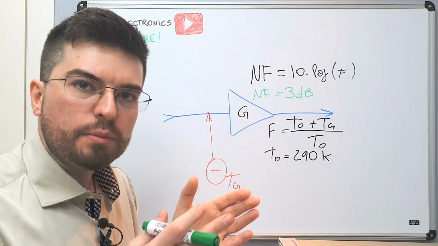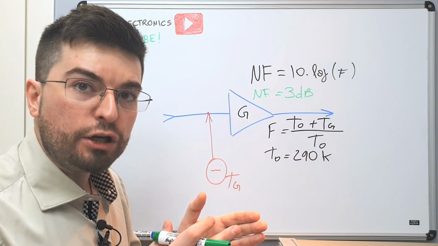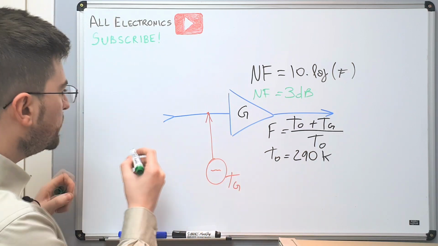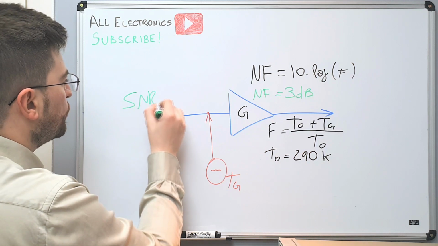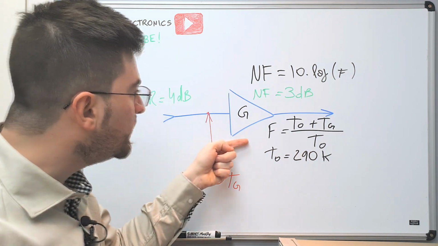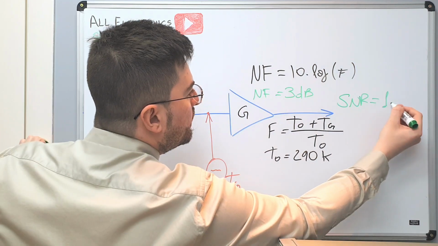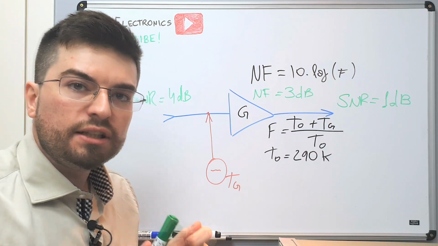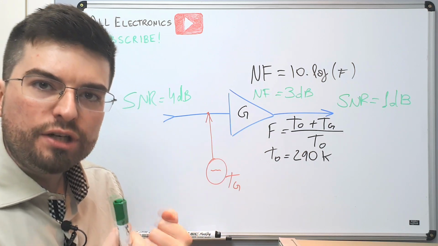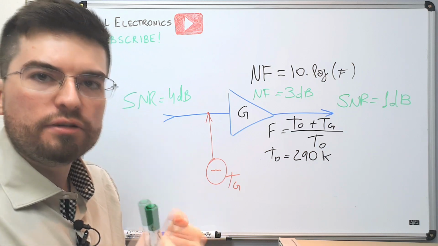And you remember the importance of the signal to noise ratio we saw in the beginning of the video. So let's think that we have here on the input a signal to noise ratio of 4 dB. If we pass this signal through this amplifier, the signal to noise ratio here will be 1 dB. So using the noise figure, we can directly calculate the degradation in the signal to noise ratio.